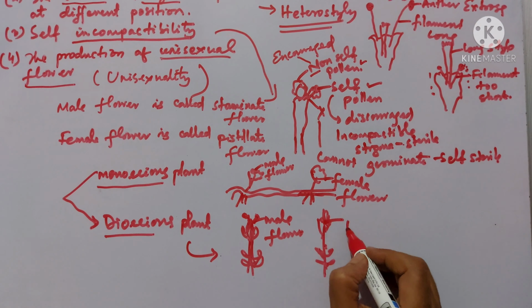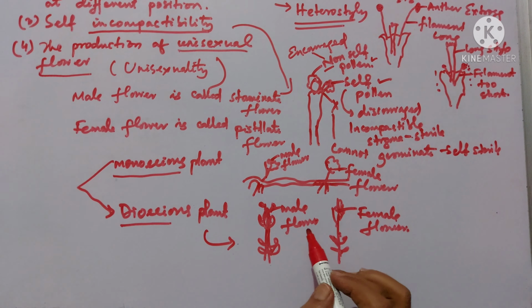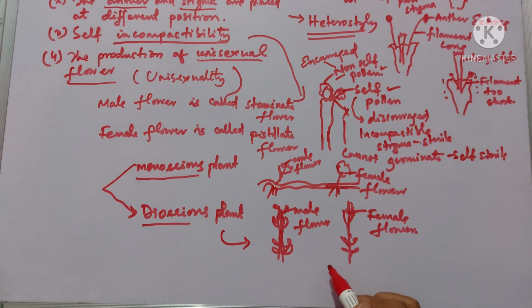So automatically it depends upon the different plants, and here naturally cross pollination is enhanced or encouraged, but self pollination is discouraged. So this is a dioecious plant and this is a monoecious plant. Maize is an example of monoecious, and in dioecious it is the papaya. So next class we will discuss the fertilization process in angiospermic plants.